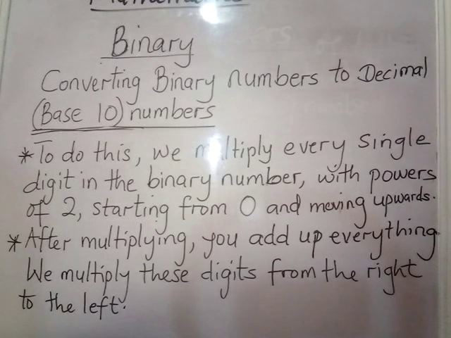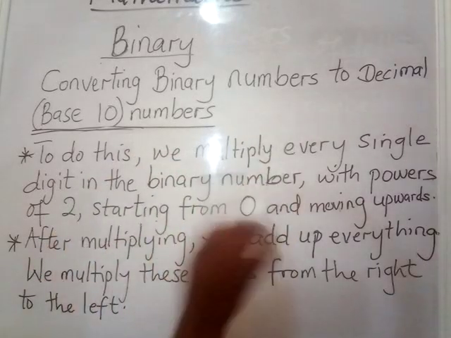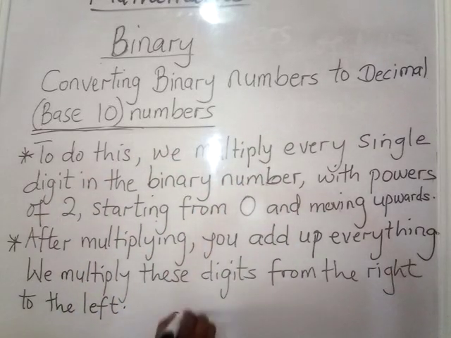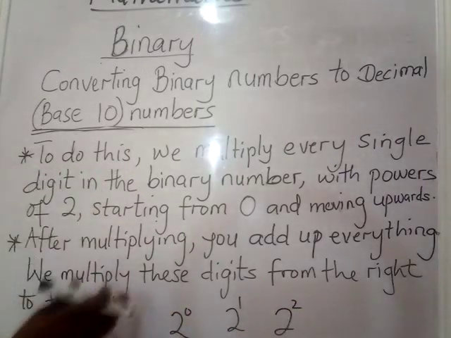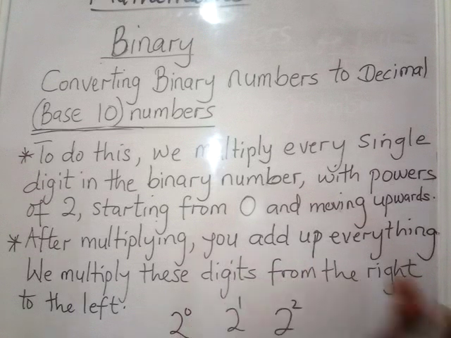After multiplying, you add up everything to get your number in the base 10 form. To do this, we multiply every single digit in the binary number with the powers of 2, like 2 to the power of 0, or 2 to the power of 1, and so on. You do that starting from your right and working towards the left.